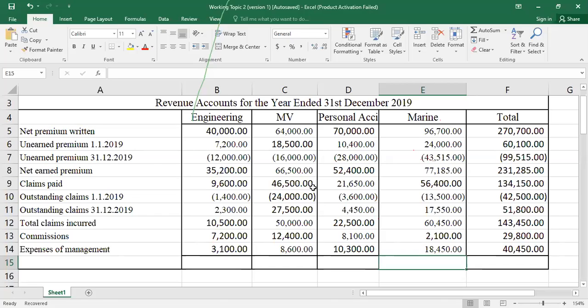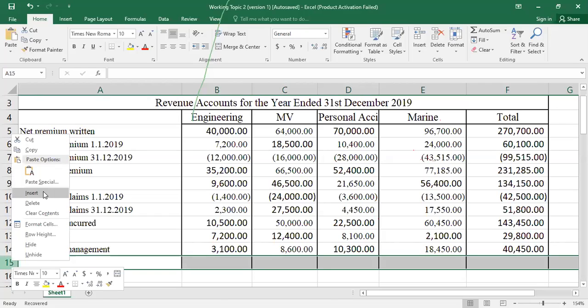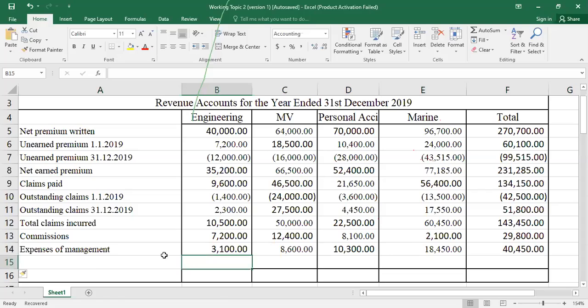What is commissions plus the expenses of management? Should give us the figures for total expenses, isn't it? So I need to have engineering. So this should be now the total expenses.